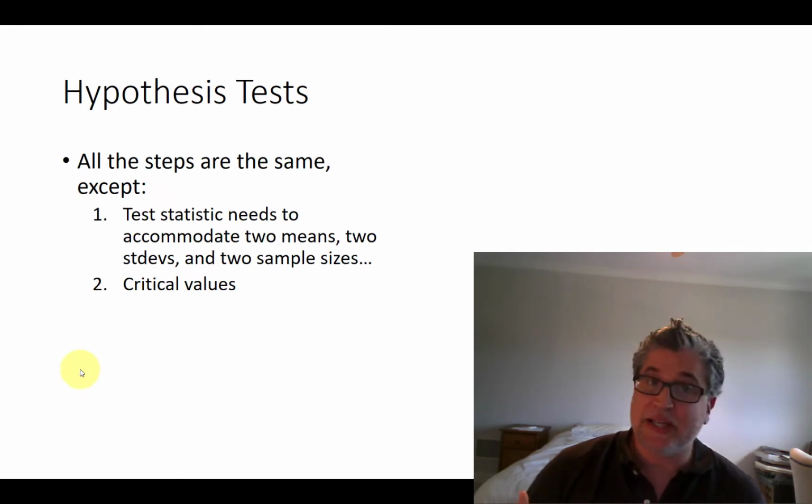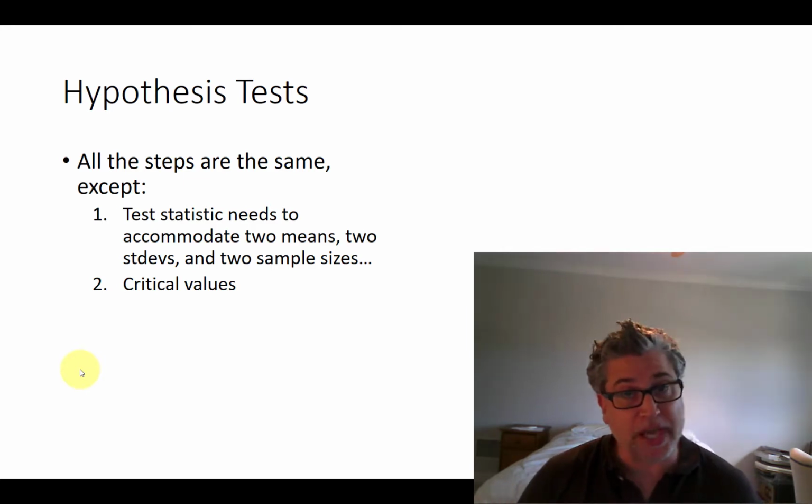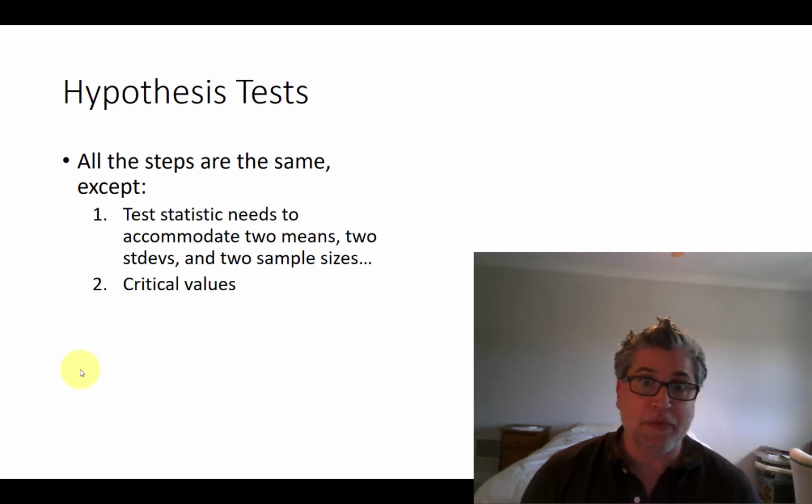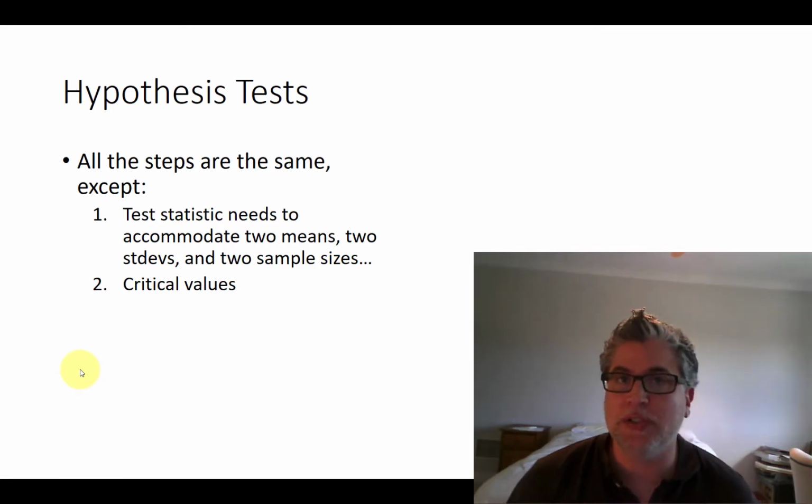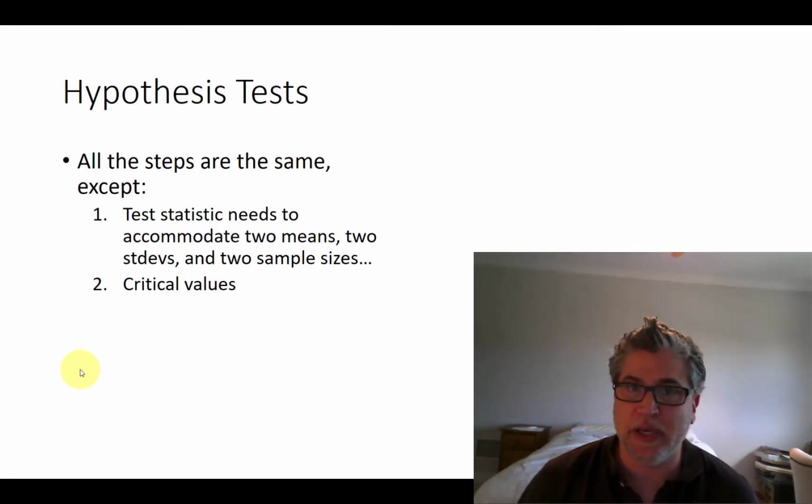You're still going to need to collect a sample, in fact, two samples, and now we're going to have to calculate two averages or two means and two standard deviations, each using two different sample sizes. So the test statistic will also be calculated a little bit differently, but the fact remains that you still need to calculate a test statistic.